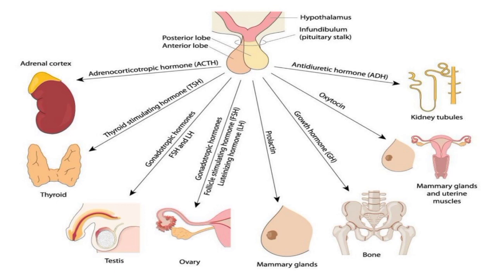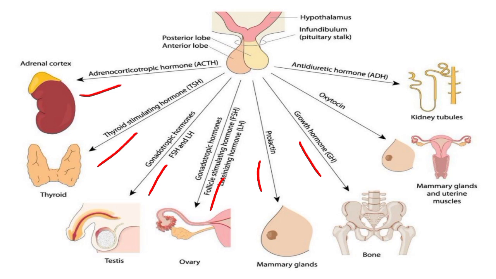So our body regulates the reproductive system by releasing hormones from the hypothalamus. The hypothalamus has an anterior lobe and a posterior lobe. From the anterior lobe, it releases six trophic hormones: the adrenocorticotropic hormone, the thyroid stimulating hormone, the gonadotrophic hormones, in which the follicle stimulating hormone and luteinizing hormone are included, and the prolactin and growth hormone.